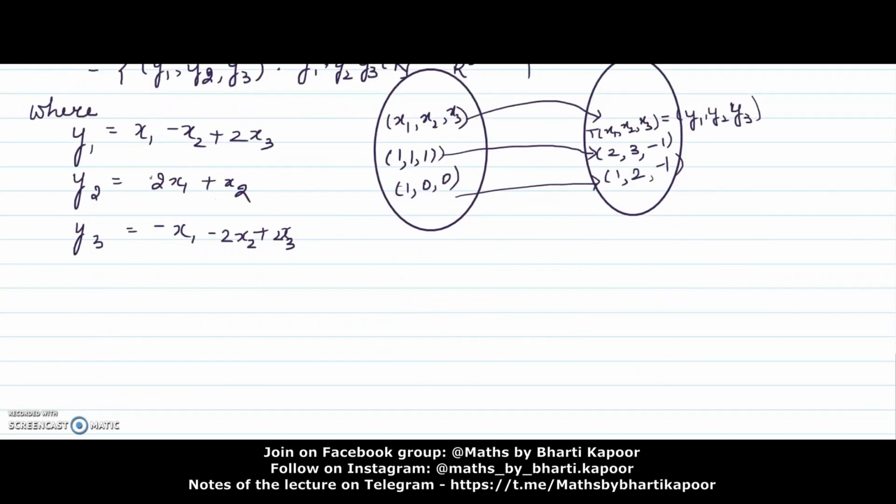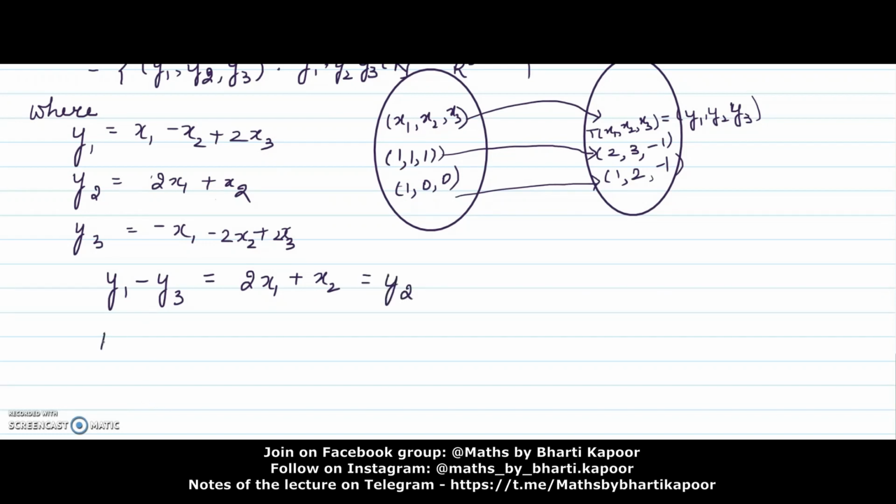If we subtract y3 from y1, that is y1 minus y3, then you can see that this is equal to 2x1 plus x2 because 2x3 and 2x3 will be getting cancelled. So it is actually y2.